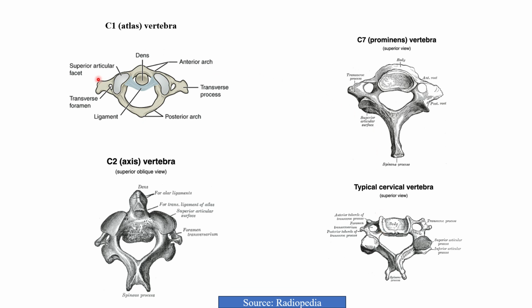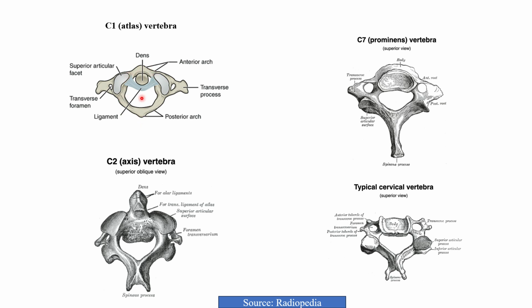Now, there is C1, which is the atlas, which is slightly different because the body is more or less absent. So you have a ring and two side surfaces that articulate with the occipital condyles. Following which you have C2. It does have the bifid spinous process, but it has a prominent pointed surface called the dens that articulates with the atlas.